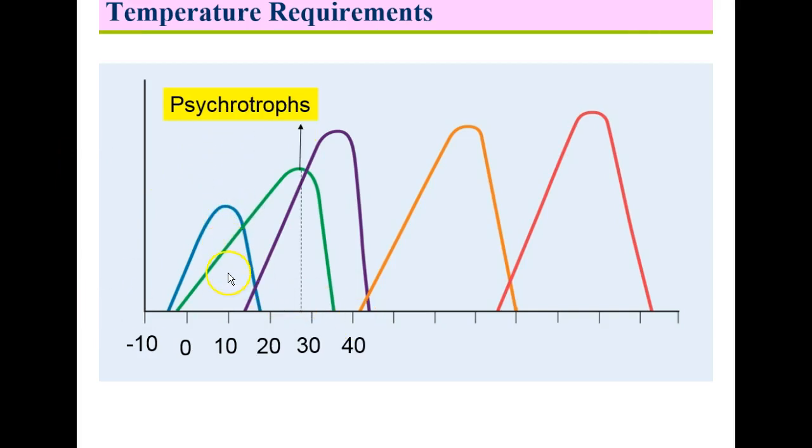On the other hand, take a look at the psychrotrophs. Psychrotrophs have a wide growth temperature range, from -5 degrees centigrade all the way to about 35 degrees centigrade. Again, to give you an idea, water freezes at 0 degrees centigrade, and room temperature is around 25 degrees centigrade. Psychrotrophs can survive between 4 and 6 degrees centigrade, which is refrigerator temperature.